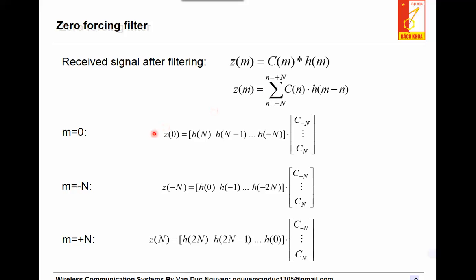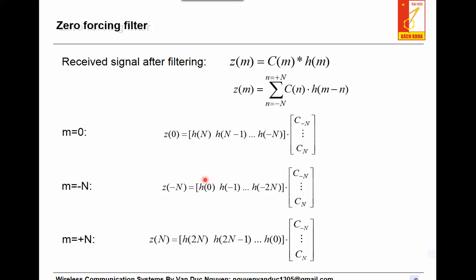So we have z of 0 equal to h of 1 and so on to h of minus N, and we have a vector of the filter coefficients from c minus N to c plus N. And now we observe for m equal to minus N here, and we have z of minus N equal to the vector here.